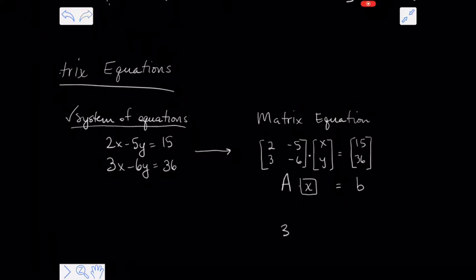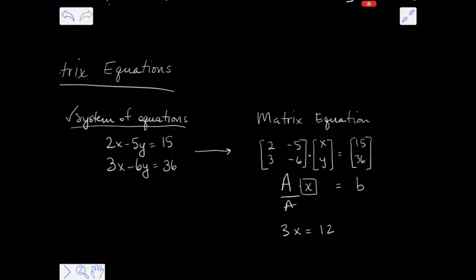Now, if we were solving just an easy equation like 3x equals 12, then most students would say, well, let's just divide by 3, and we're good, x equals 4. And that works with real numbers. It doesn't work so well with matrices because remember, there is no such thing as dividing a matrix. You would say, well, let's just divide by A on both sides, and then we get x by itself.